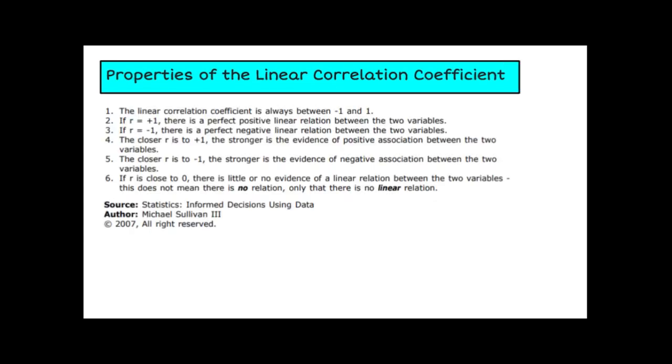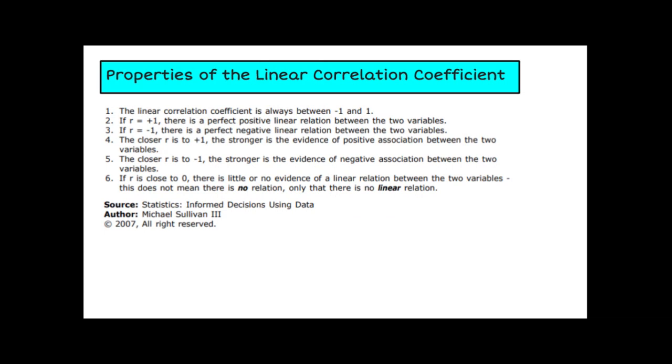So, a quick summary of some of the properties of the linear correlation coefficient. The linear correlation coefficient is always between -1 and 1. If r is equal to +1, there is a perfect positive linear relation between the two variables. If r is equal to -1, there is a perfect negative linear correlation between the two variables.